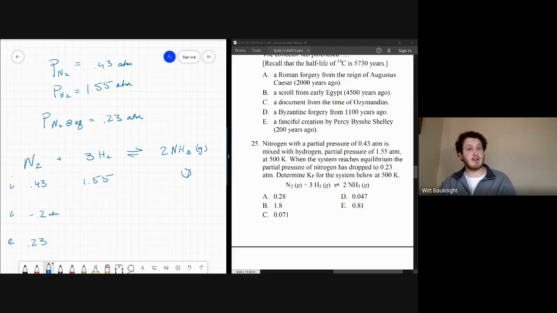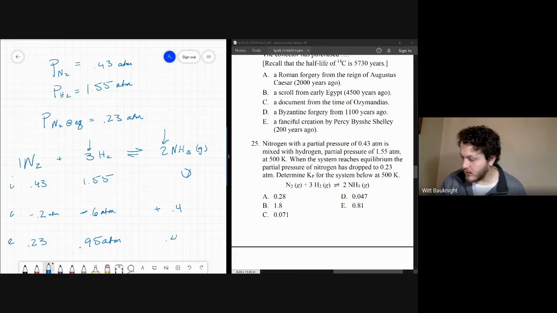So that's how much has changed. If for every 1 mole of nitrogen we lose 0.2 atmospheres, that means for every 3 moles of hydrogen we lose 0.6 atm. And for every 2 moles of ammonia, which is a product, so we're gaining, plus 0.4. So that means we have 0.95 atmospheres right here, and 0.40 atmospheres right here.